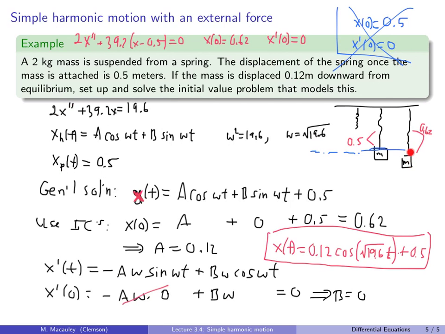This is going to be a cosine wave with amplitude 0.12. It's going to go 0.12 below and 0.12 above. And that is exactly what we have here. A sinusoidal, or a harmonic, it's simple harmonic motion. It's going to oscillate back and forth with the amplitude 0.12 and displacement 0.5.